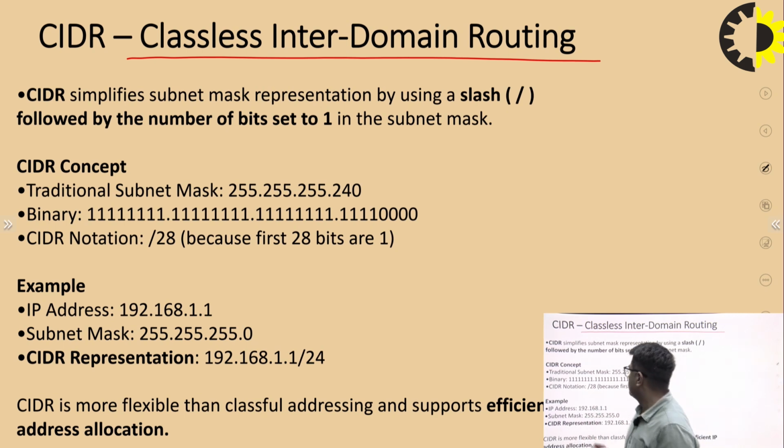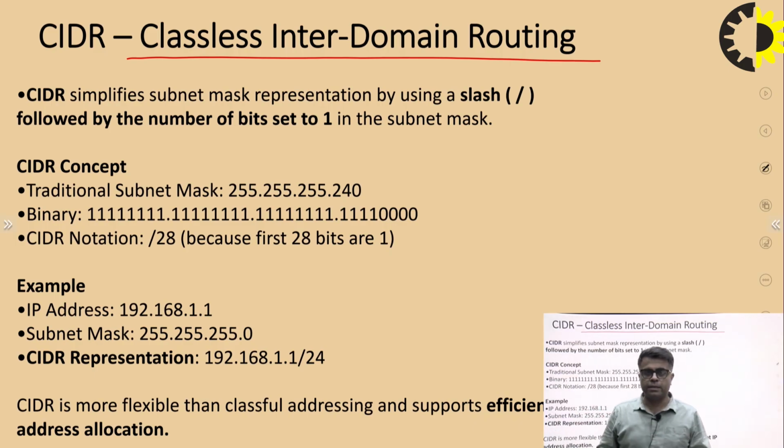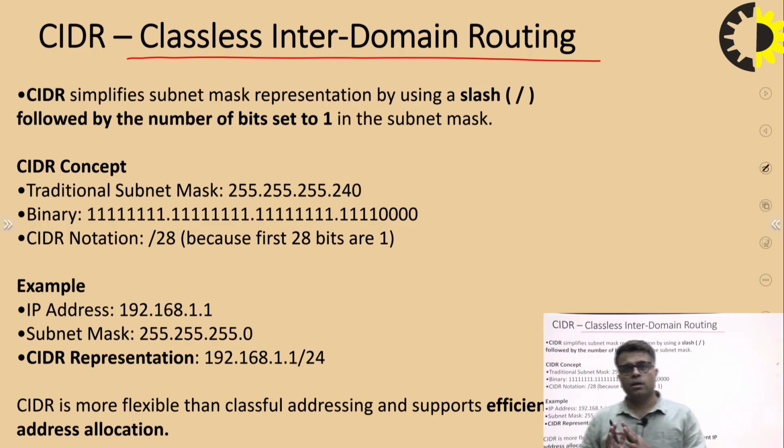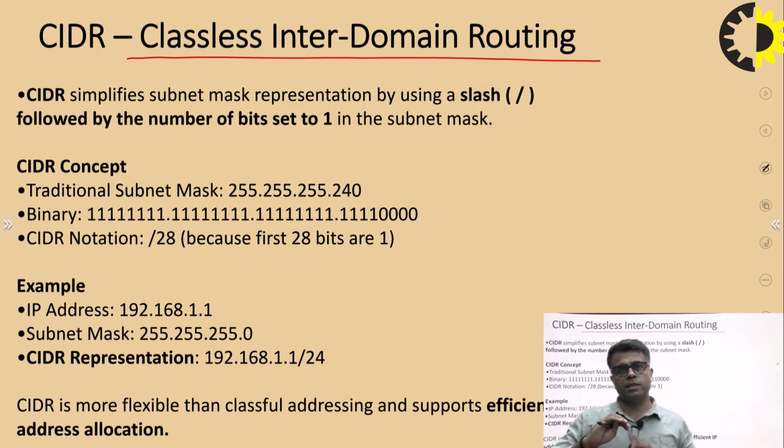In that scenario, we are not dividing it as class A, B, C, D, E. We simply consider how much of the 32 bits belongs to the network and how much belongs to the host. Any part that belongs to the network is considered as 1 and any part that belongs to the host is considered as 0.